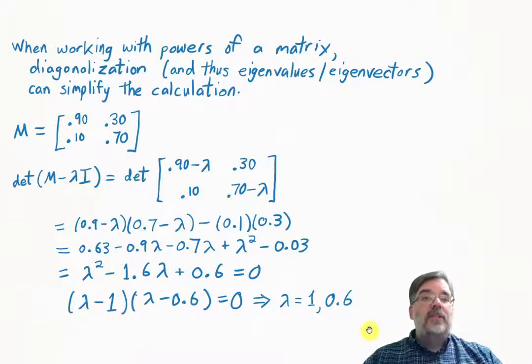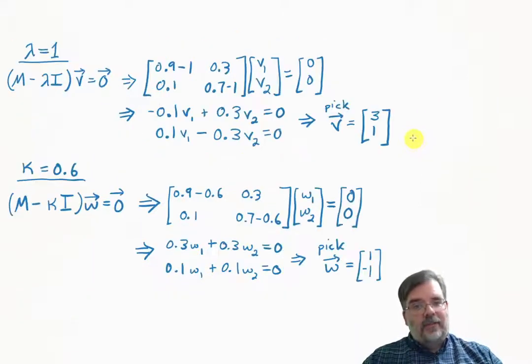which tells us the eigenvalues are 1 and 0.6. Once we have eigenvalues, we then proceed to calculate eigenvectors, with the same process as before. And even though we do have decimal values, even after we do the subtraction, we still notice that there is some redundancy in these equations.